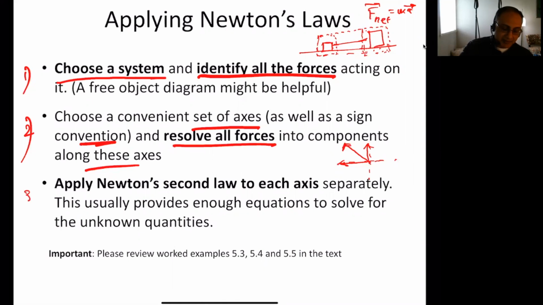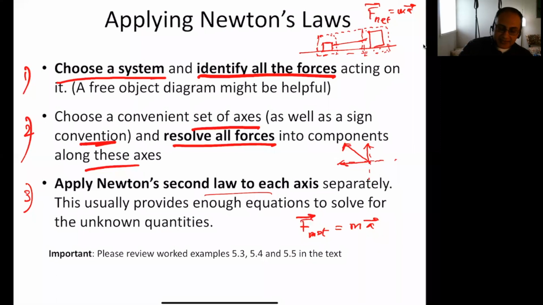And the third step is, once all the forces are resolved into components along the axes, you want to apply Newton's second law to each axis separately. So what you want to do is F net equals mass times acceleration.